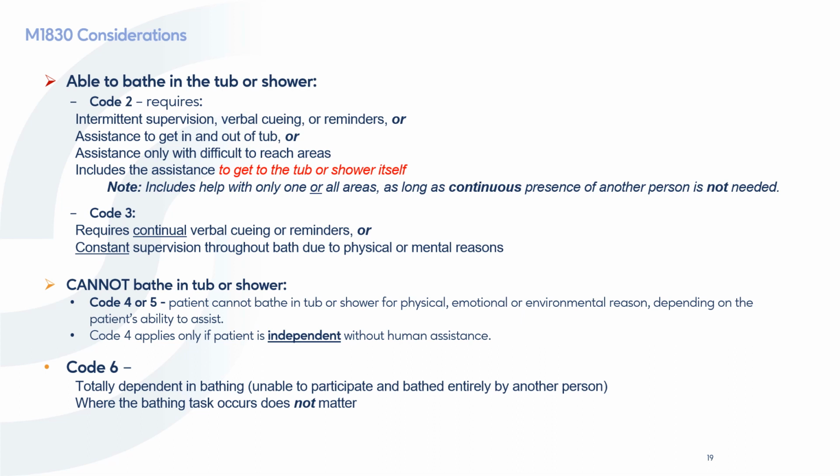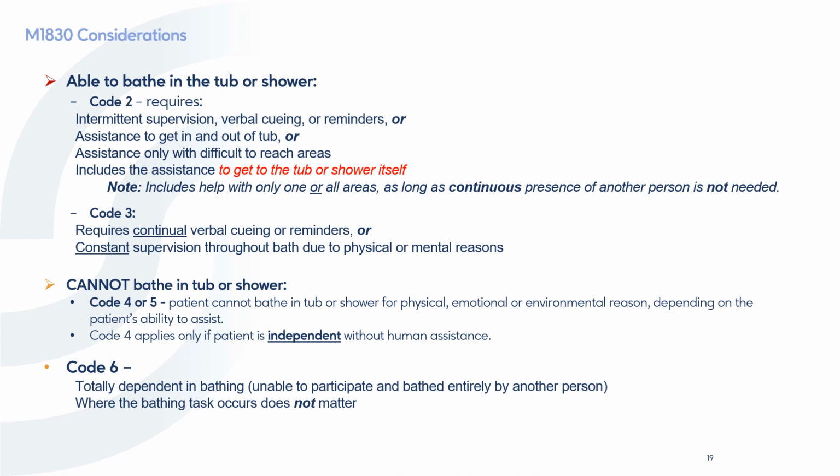So did I need any assistance, for safety reasons, to be able to reach the bathroom, to get to that tub or the shower? So this code 2 includes the help with only one or all of the areas, as long as what the patient does not need is someone there continuously.